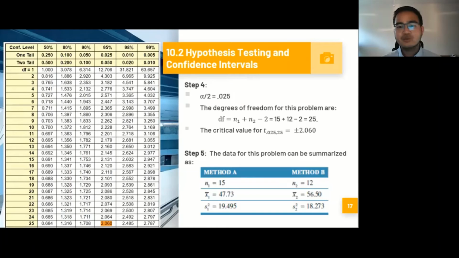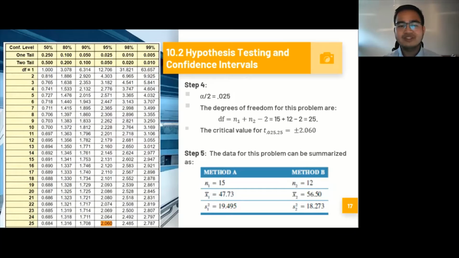Since this is a two-tailed test, alpha needs to be split into two, which yields 0.025. Then we need to compute the degrees of freedom, which is easy to understand. We just add the numbers of samples, 15 and 12, and subtract the constant 2, which gives us 25.